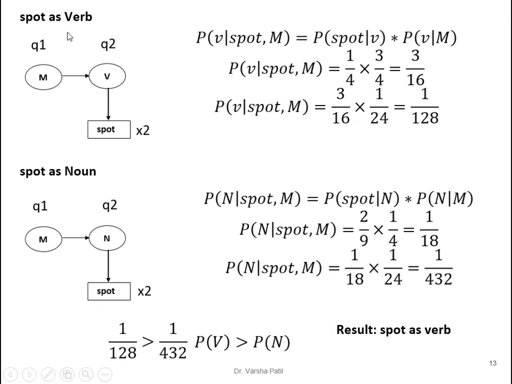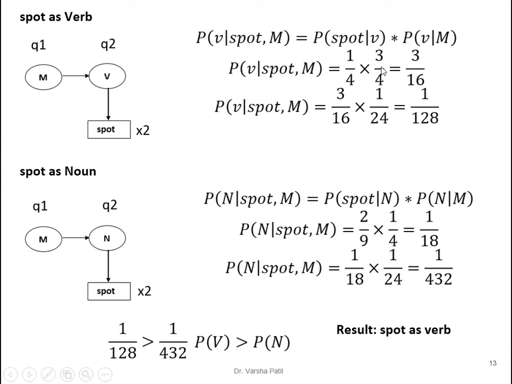Now see this, spot as a verb and spot as noun. The formulas are the same as before, only we need to remember that the previous answer is 1 by 24, which we want to store, and this state, that is Q1, is now our modal verb because we disambiguated the word will.